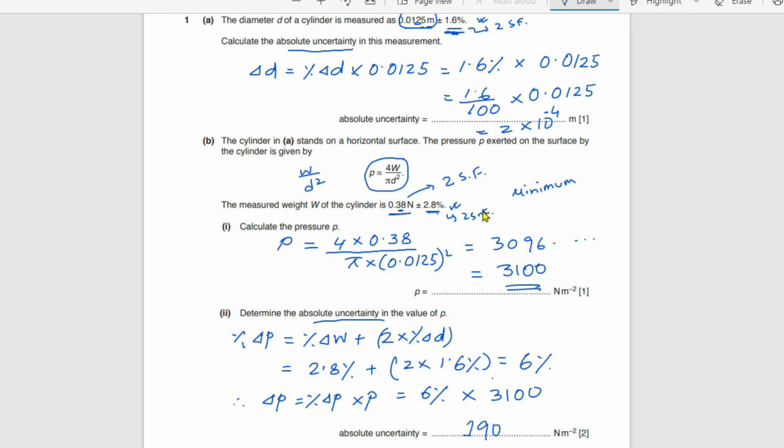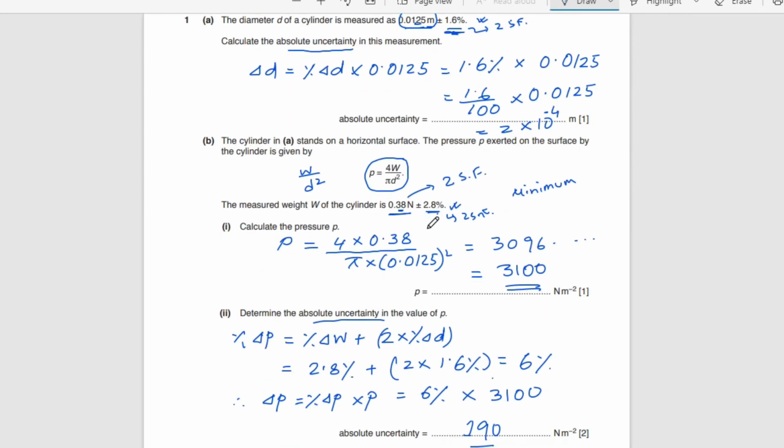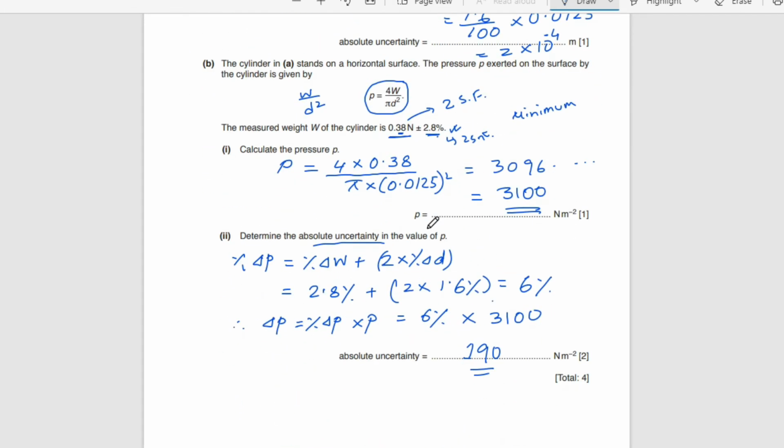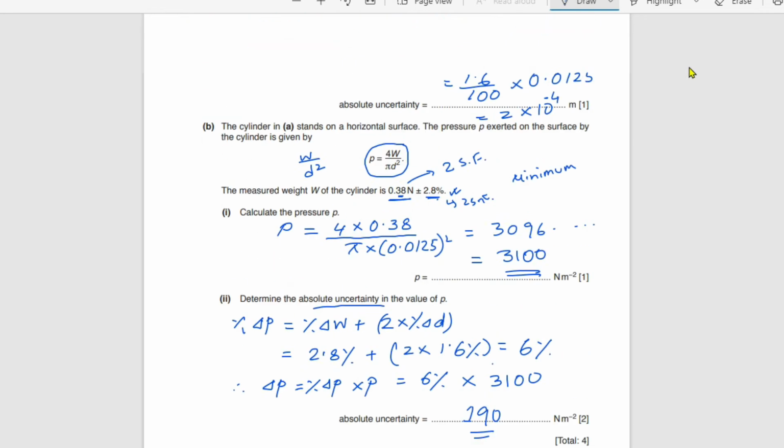Diameter, the percentage uncertainty is in two significant figures. That's why, to maintain the significant figures on the uncertainties, we express this absolute uncertainty in two significant figures as well. So it is 190. Alright.